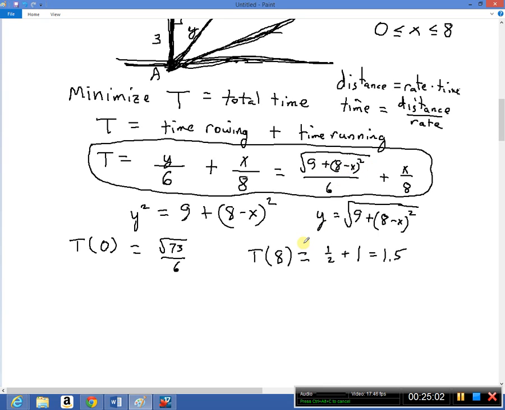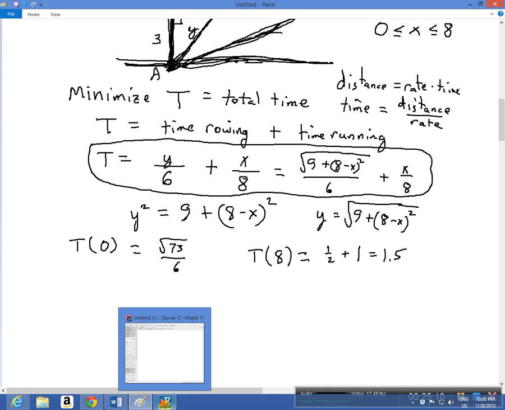So I'm going to have to flip back and forth between this screen and the Maple screen so that I can figure out what I'm typing in.